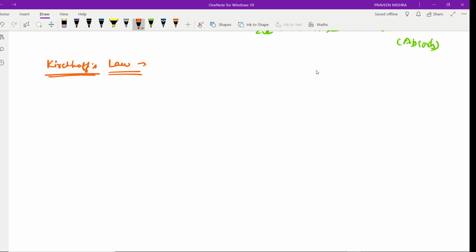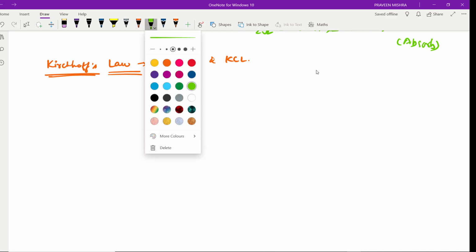You are already aware of this thing, Kirchhoff's voltage law and current law, KVL and KCL. You have already studied it in your class 11th or 12th and in your first year. But again, we are discussing it for your information.